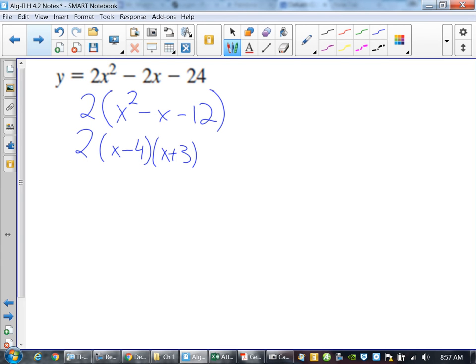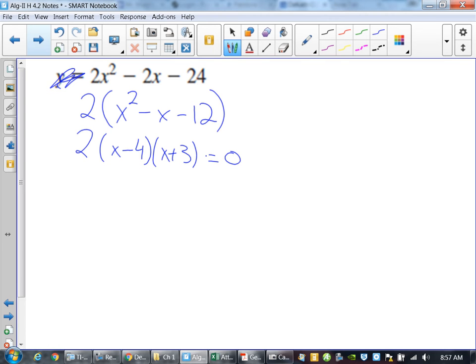Now this one, what would change if I said this equals 0? I'm just saying, what if I said that? What is that asking me to do? Solve for x. Okay, what are your zeros? 4 and negative 3.